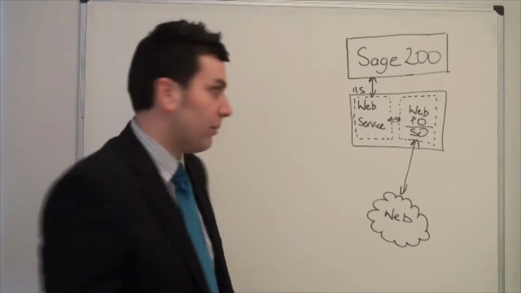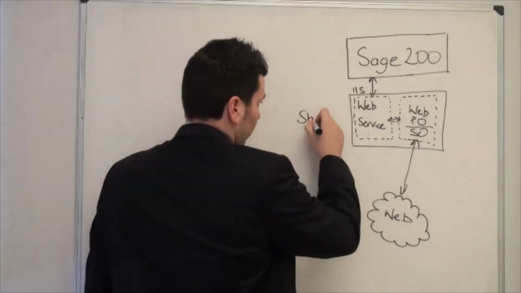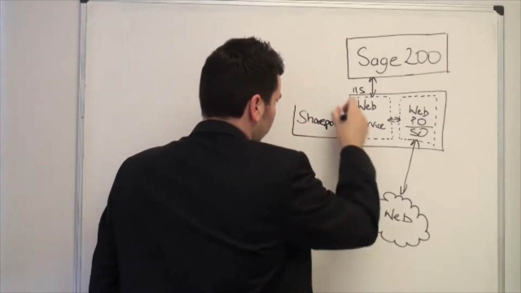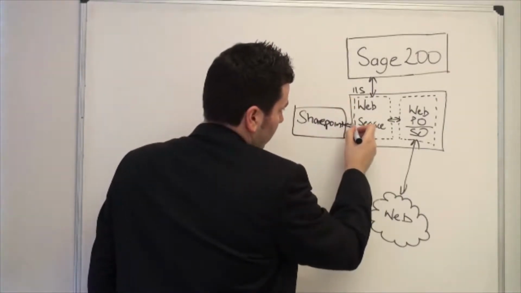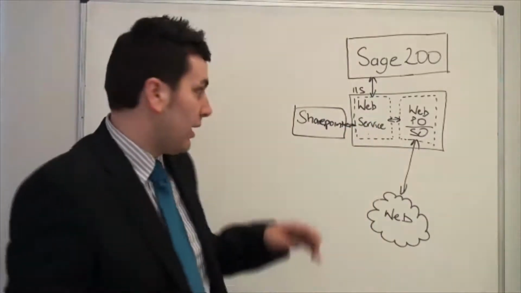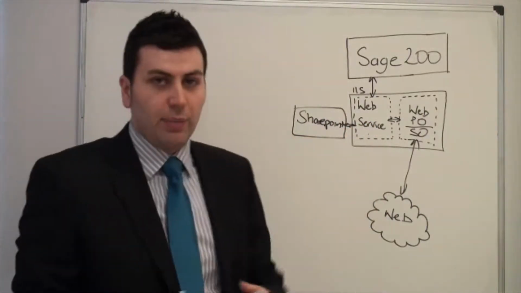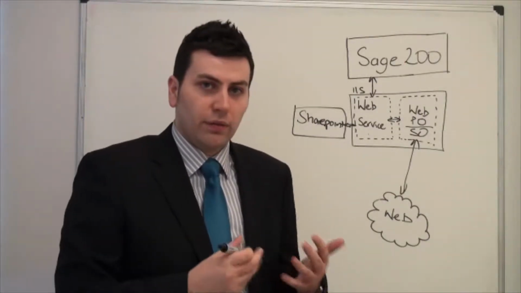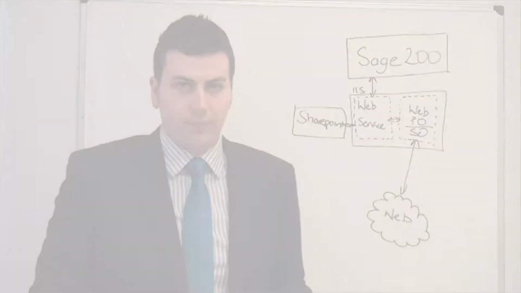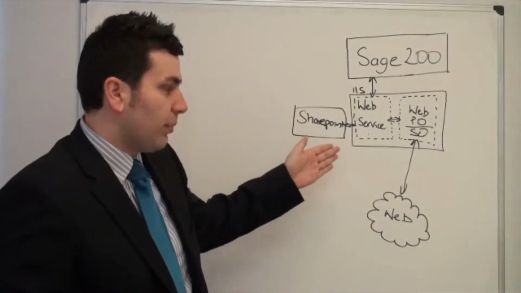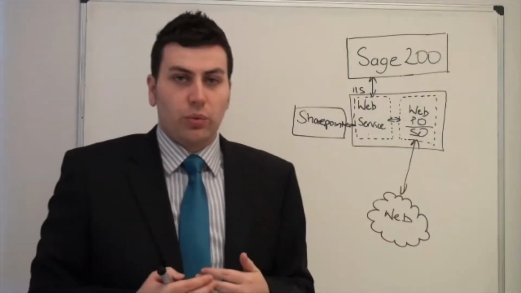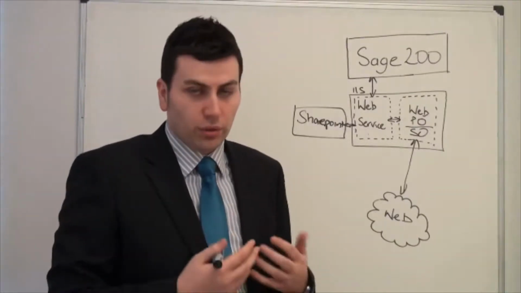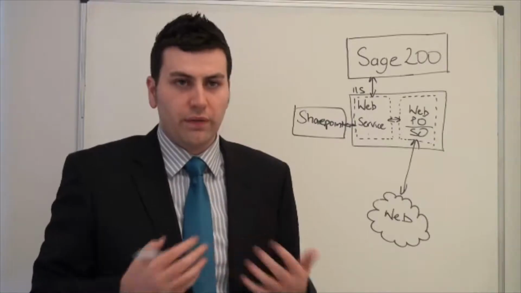So that could be, for example, SharePoint. Using the web service, it will connect to SharePoint and pass information, allow you to do real-time reporting for Sage 200 via SharePoint. It's a really powerful system that we will expand and use and eventually make other key areas of Sage 200 available via the web.